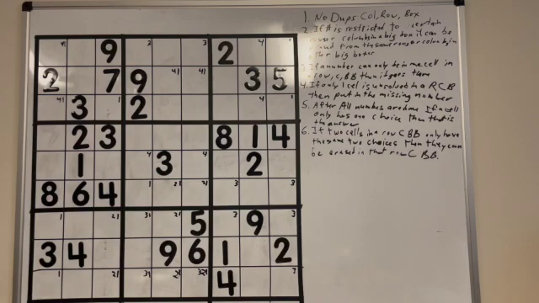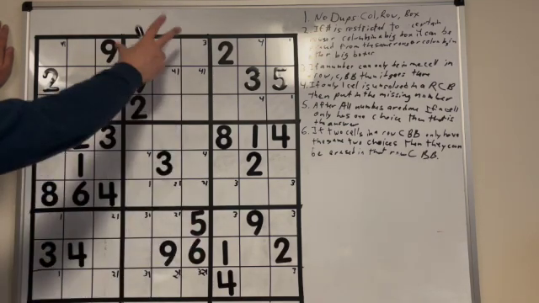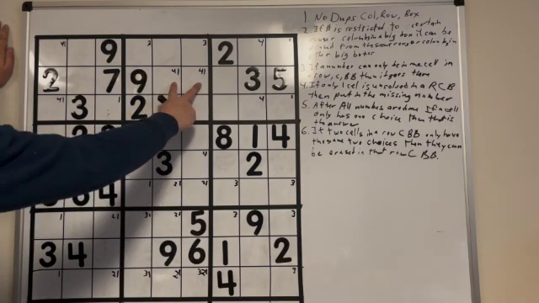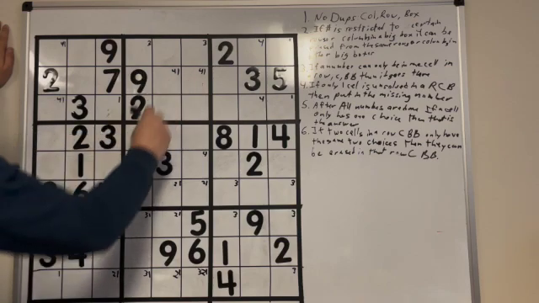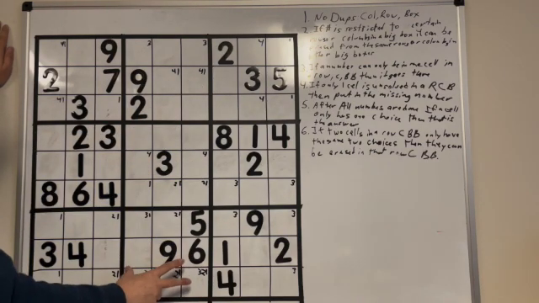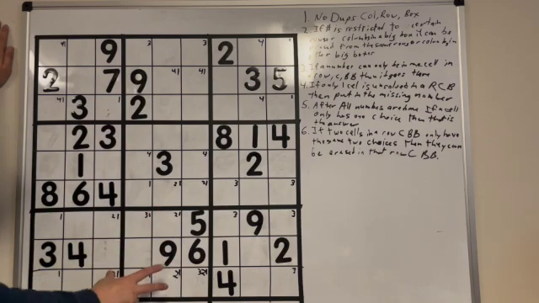Now I do want to point out, for this big column, we can only have 4s on the middle and the right here. And we can only have 4s on the left and the right here. So what does that mean down here? Absolutely nothing. Okay.